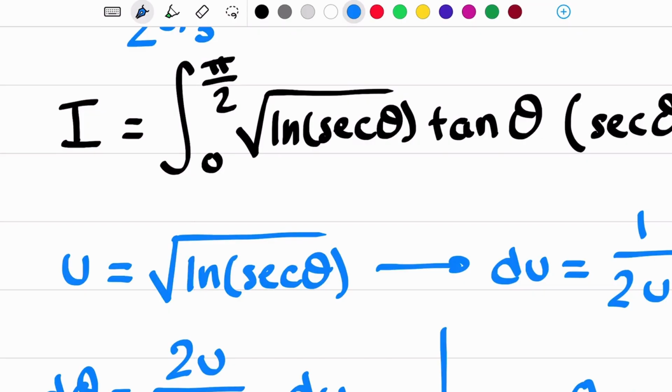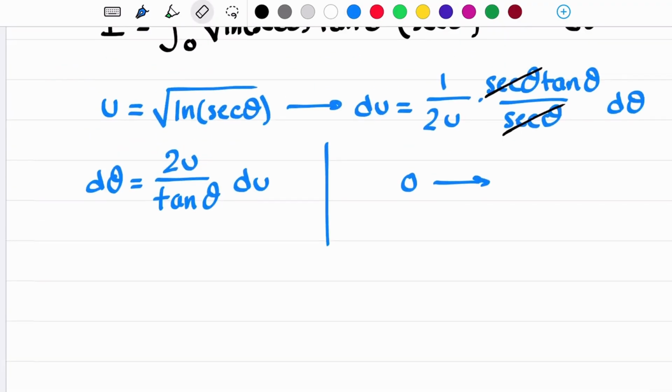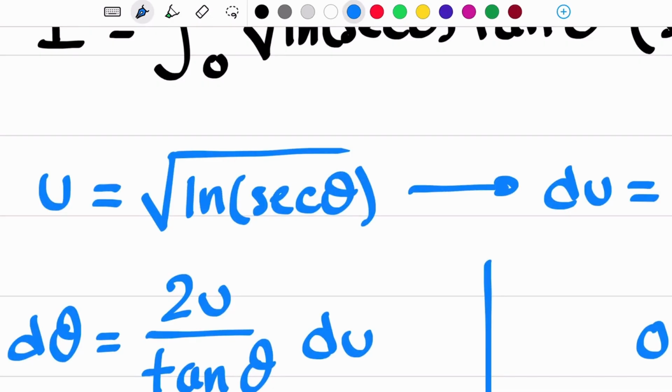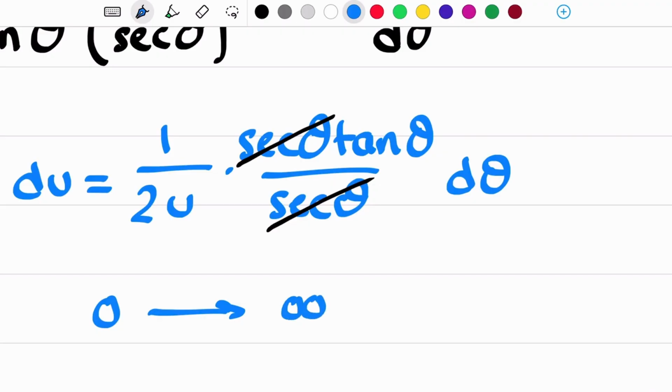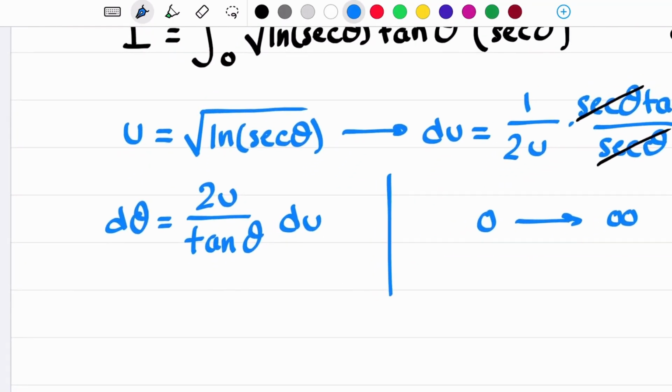And the natural log of positive infinity, if we think of the graph of natural log, which that's not very pretty, but still, it's going to be approaching positive infinity for larger and larger values of the input as well. So this natural log term is also going to approach infinity. Square root of infinity doesn't really change that at all. We're still going to make our top bound positive infinity. So we're going from 0 to infinity now in our integral.